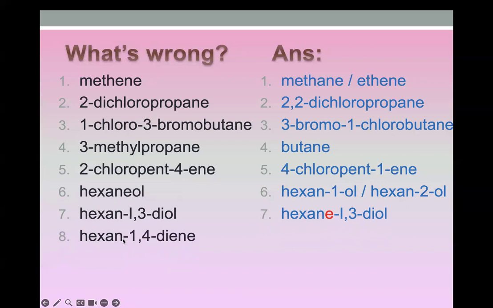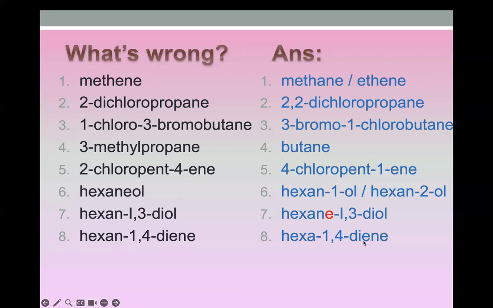Hexane-1,4-diene, again, missing E. Sorry, it should be hexa-1,4-diene. Now, AN should be only for single bonds, but we don't have single bonds anymore. We have some double bonds present. So it should no longer be AN, because it is diene already.